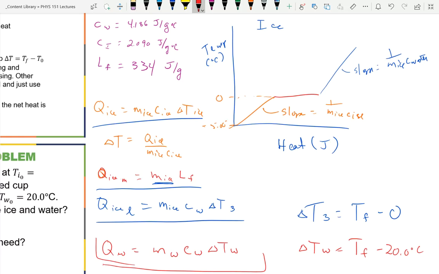So it's 0 minus whatever the initial was. And for the Q of ice melting, you don't worry about that. But for the liquid ice, we know it starts at 0 degrees, because once it's melted it's 0 degrees, and it's going up to some unknown. So it's T final minus 0.